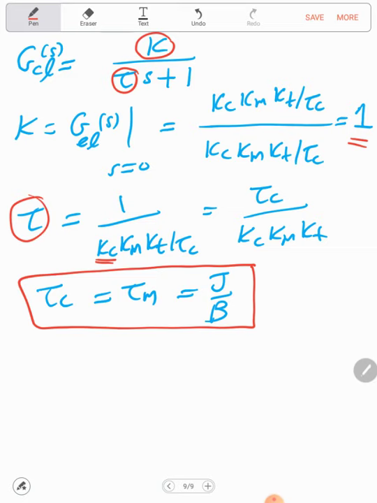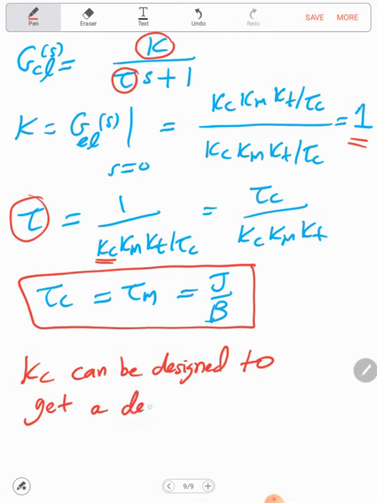So simply here, Kc can be designed to get a desired closed loop time constant.